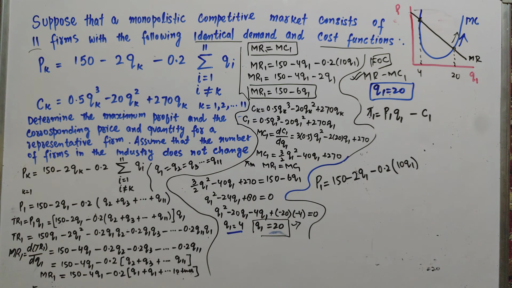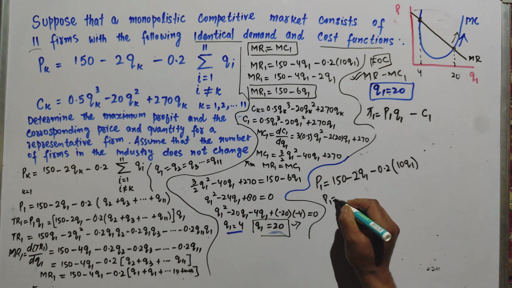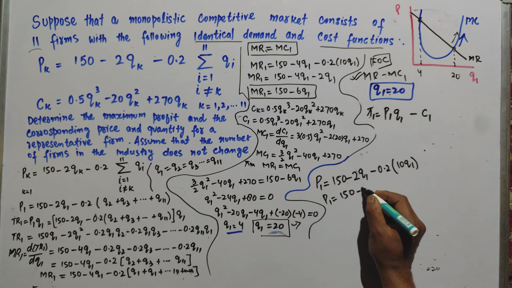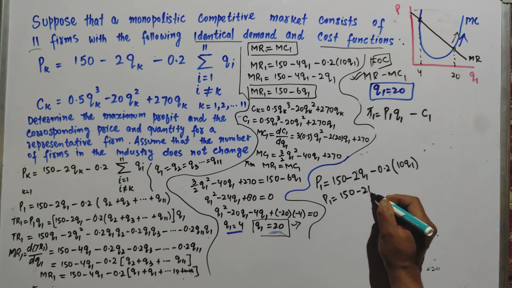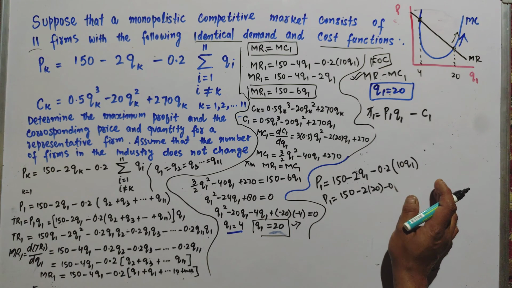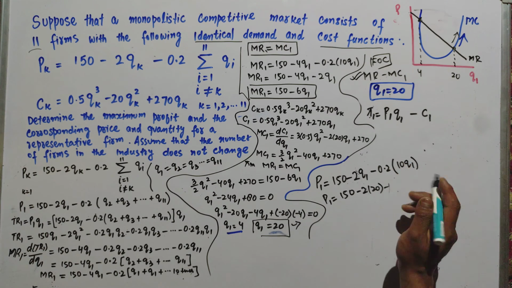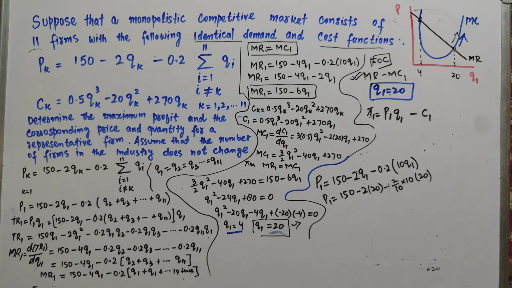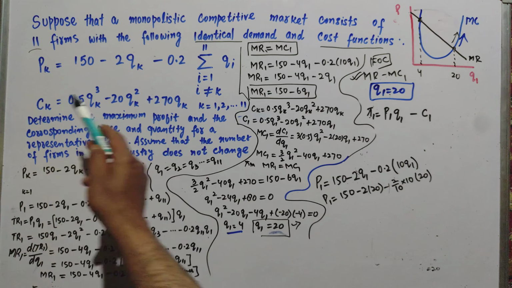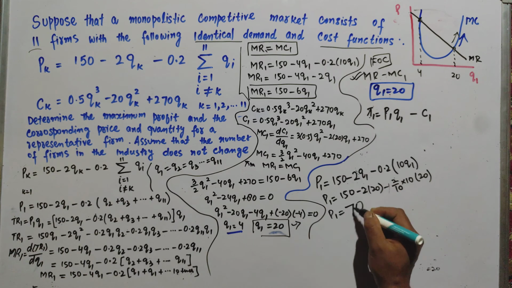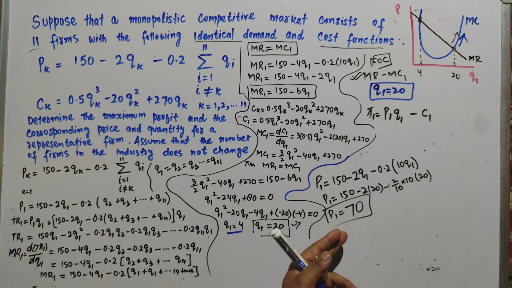So P1 will be equal to 150 minus twice Q1, which is 20, minus 0.2 into 10, which is 2, so 2 upon 10 into 10 into 20. Why am I writing this? Because we have to put Q1 equal to 20 in this equation. When you solve this, you will get the profit maximizing price equal to 70.